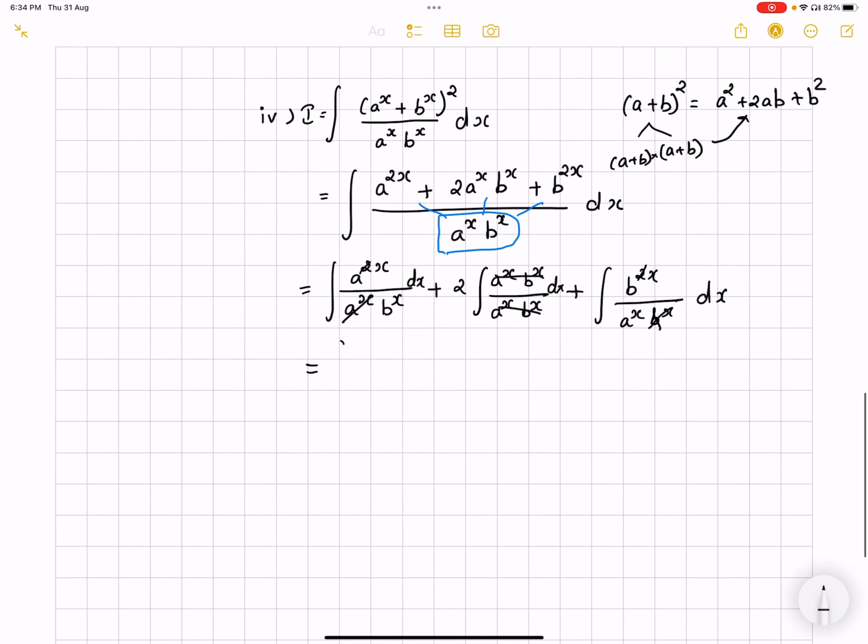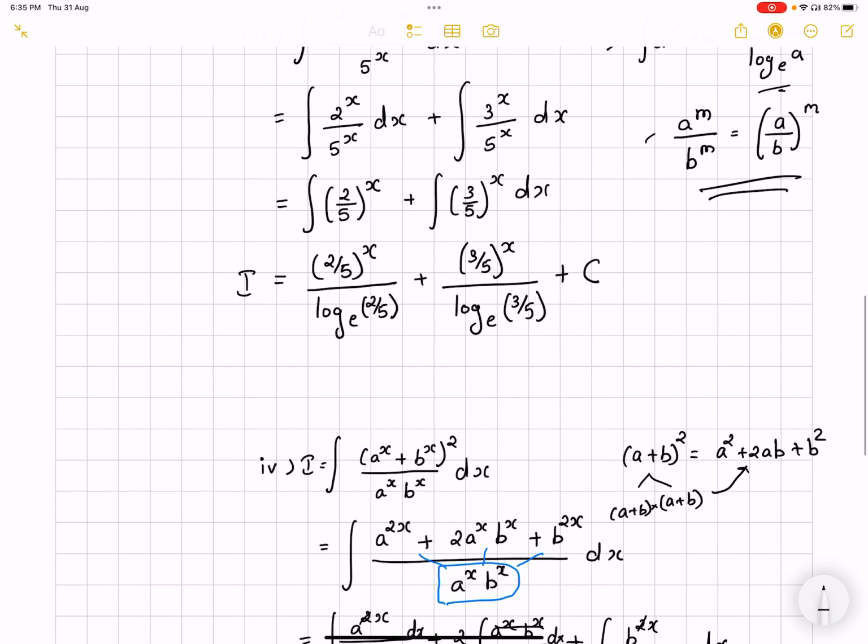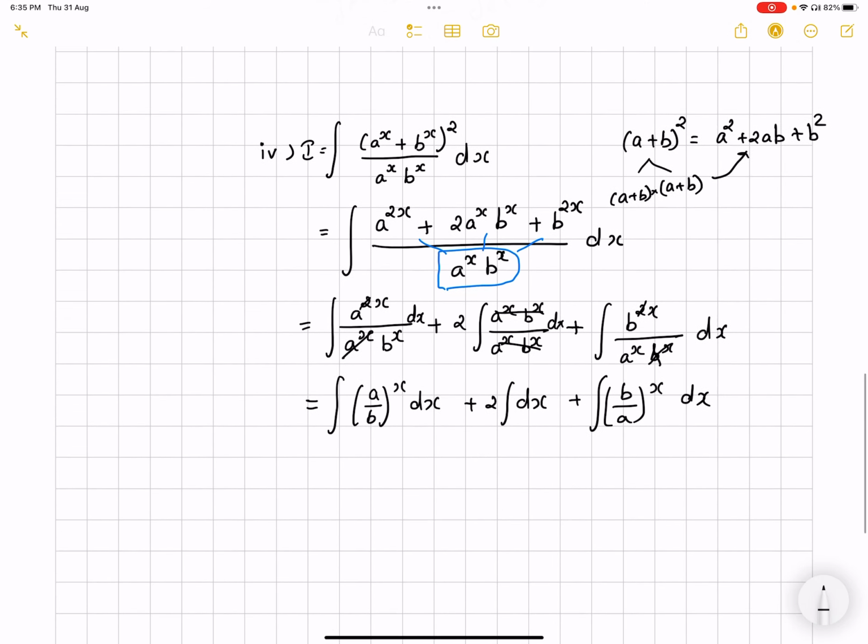And I have in this format a by b whole to the power x dx and then plus 2 integral dx, and then plus b by a whole to the power x dx. I have used this exponential law wherever I have a power x by b power x.